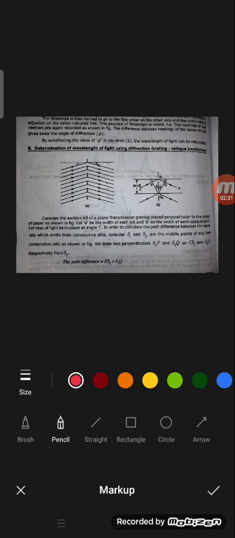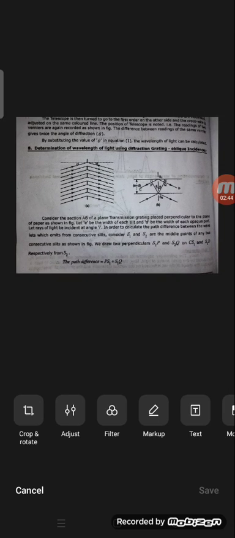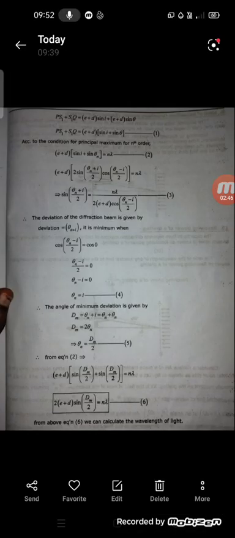Finally, the path difference between the S1 slit and the S2 slit will be PS1 plus S1Q. Now, how will we calculate the path difference?